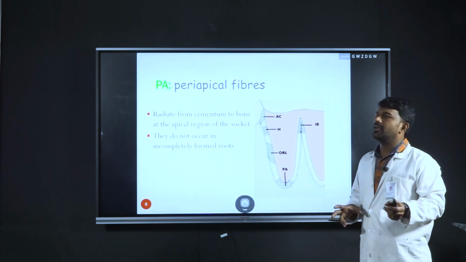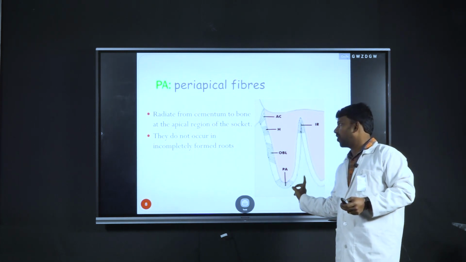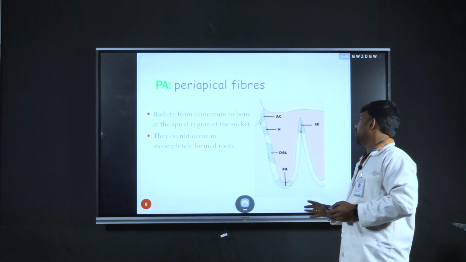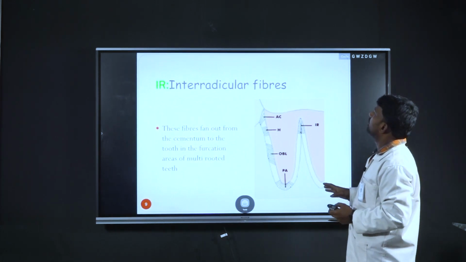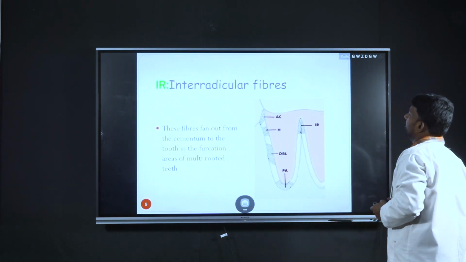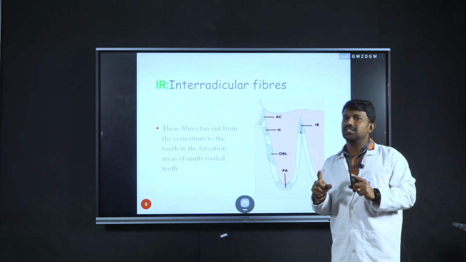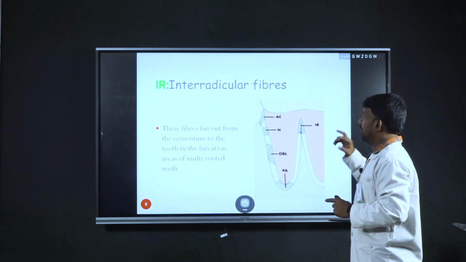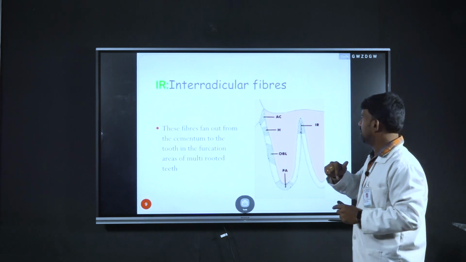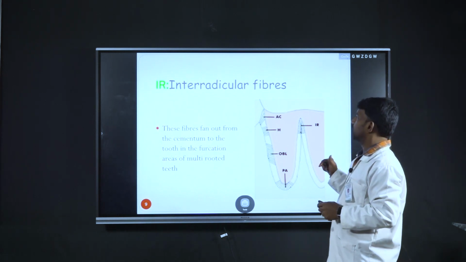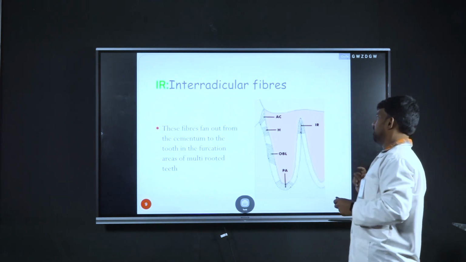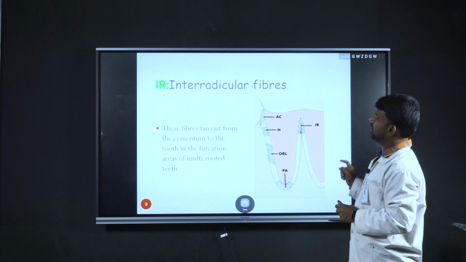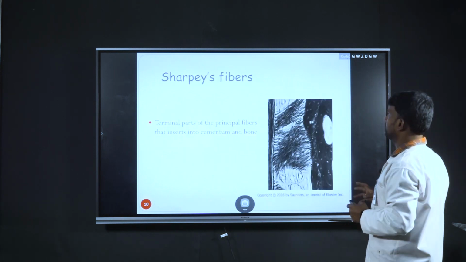These radiate from cementum to bone surrounding the apical foramen. These are not formed in incompletely formed roots. And the last group is interradicular fibers, present at the furcation area, the trifurcation of the maxillary tooth or the bifurcation of the lower or mandibular tooth. These fibers fan out from the cementum to the tooth in the furcation areas of multi-rooted teeth.